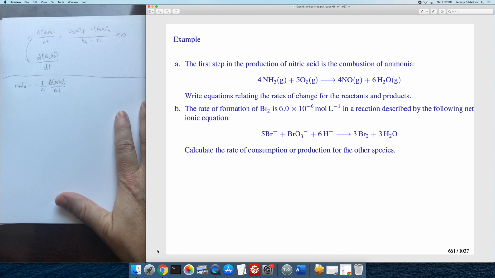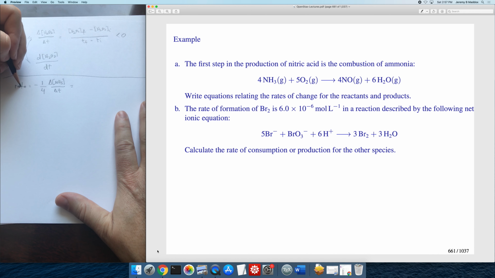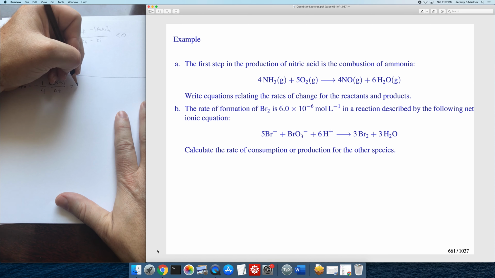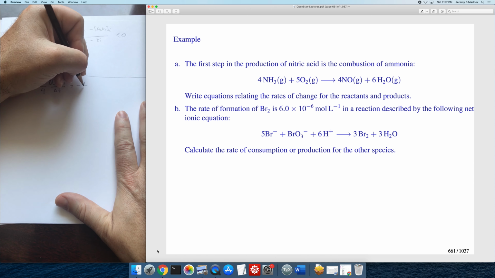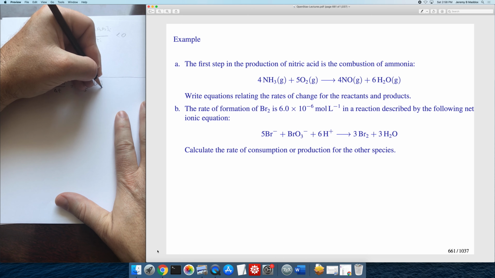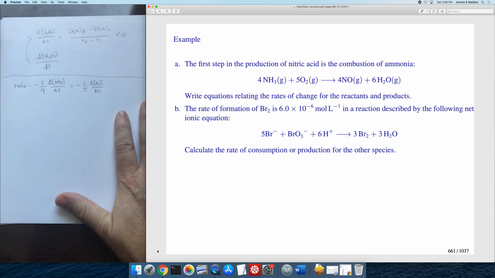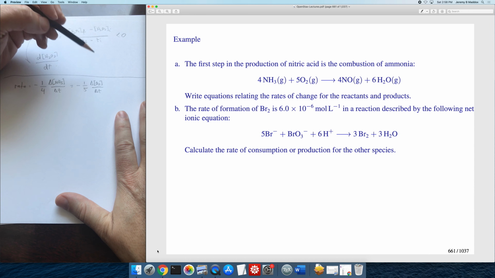That's one equation. Now another equation we could write would be to set the rate equal to a change in the oxygen concentration. Oxygen is also a reactant, so we use a minus sign. 1/5 delta O2 over delta T. Okay, so we've added one little equality here, but it actually added 2 equations.